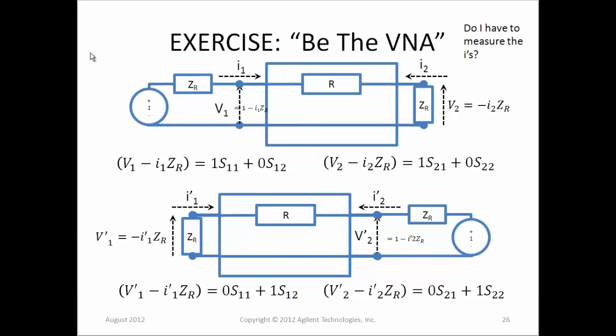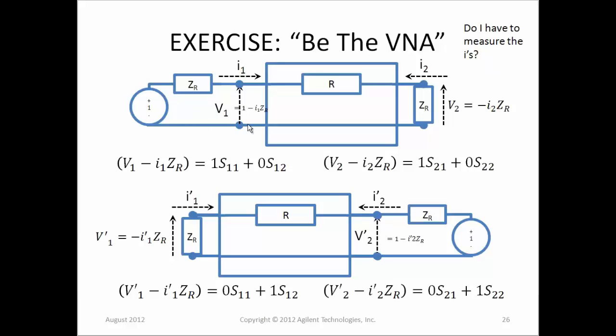So now the exercise: just pause the video, and now we're going to be a vector network analyzer, a VNA, and I'll give you the problem again of a series R. I want you to try and figure out the S parameters of a series R, and this is the test setup. These are the equations we have to solve. And think about, do you have to measure the I's?